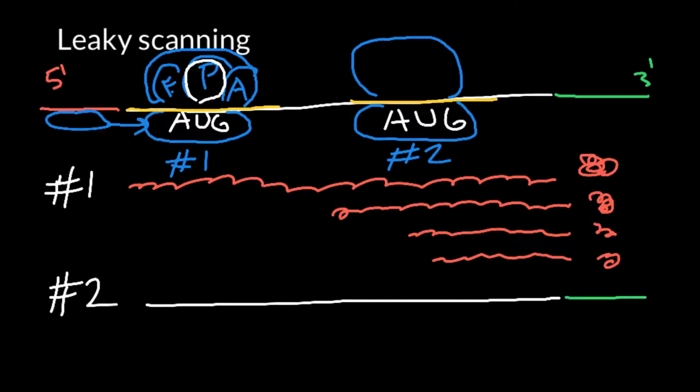Once again, a poly A tail would be added here, and also a 5' cap would be added here. And once again, imagine that somewhere here we have the beginning of the translation, the AUG site, and we would have a Kozak sequence, and AUG would just be a part of this Kozak sequence.